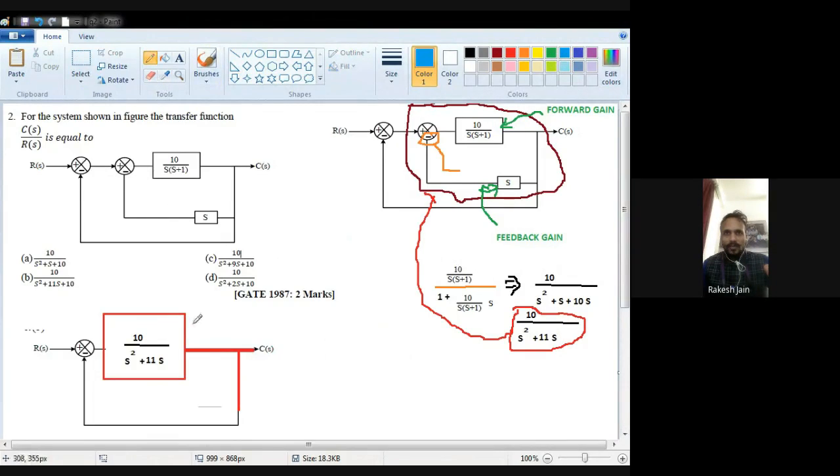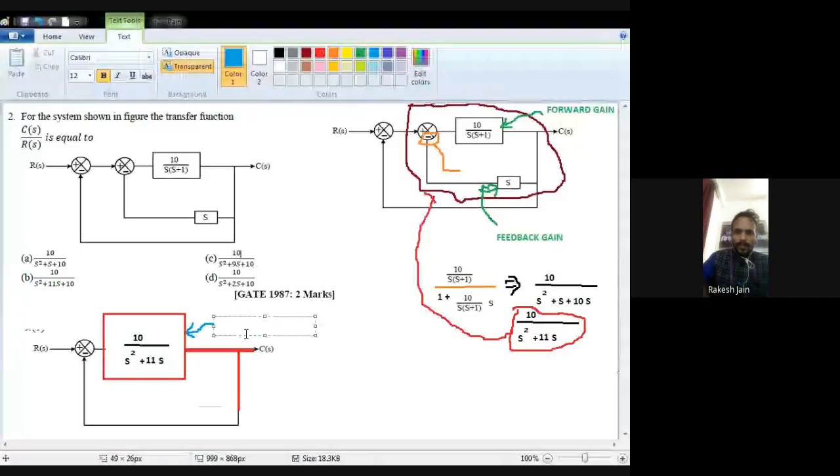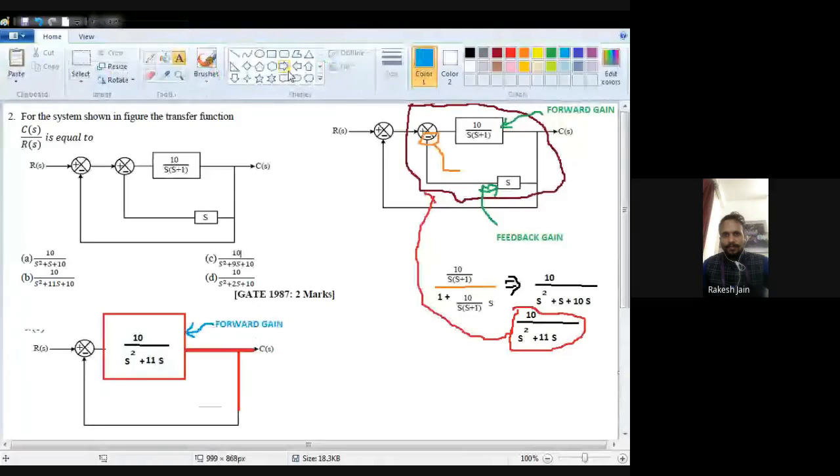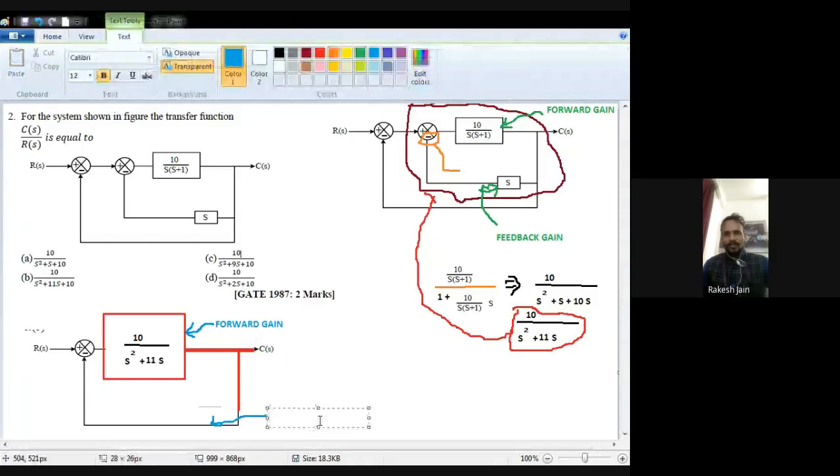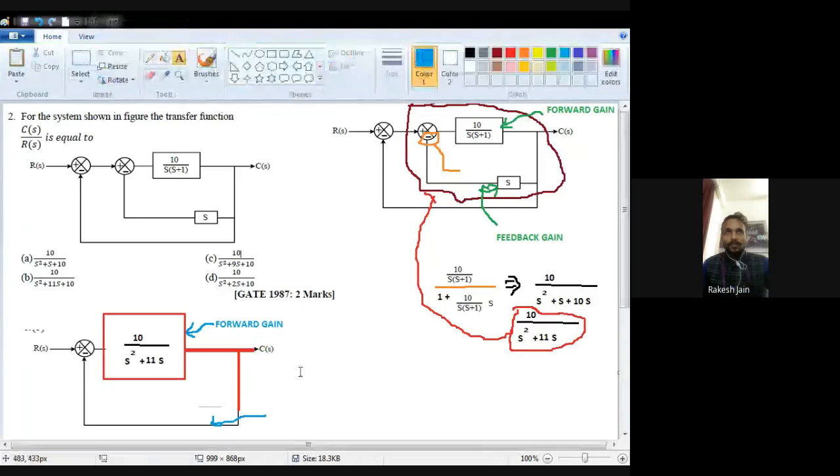See, this one is your forward gain now, and this straight line is your feedback gain, that is equal to 1 because a straight line is there.